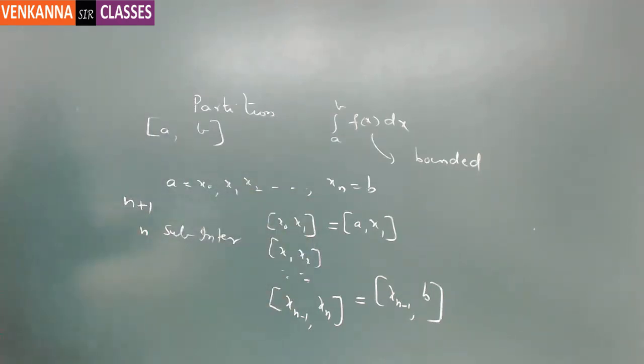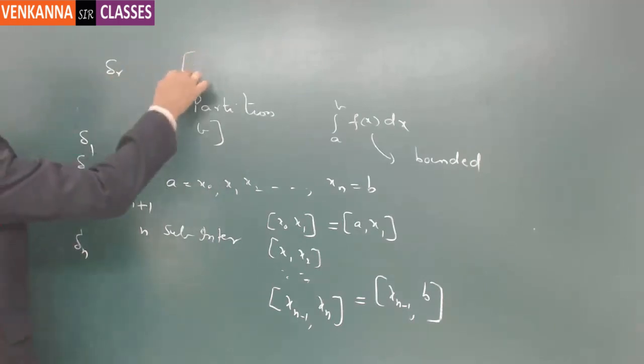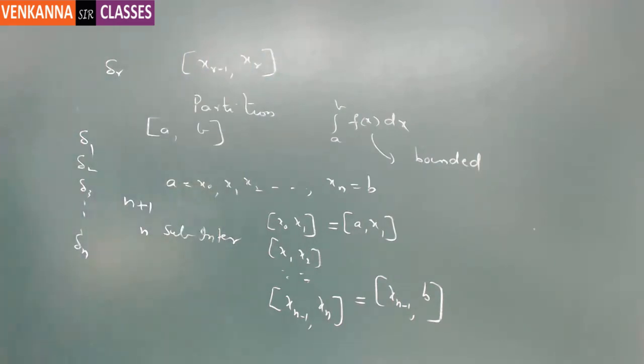The length of the subinterval we usually indicate with delta. So delta 1, delta 2, delta 3, and so on, delta n. Delta 1 indicates the first subinterval length, delta 2 the second, and delta n the nth subinterval length. Whenever you choose an arbitrary subinterval, say delta r, it is the length of the interval x r minus 1 comma xr. Is it clear? So please take a note of it.